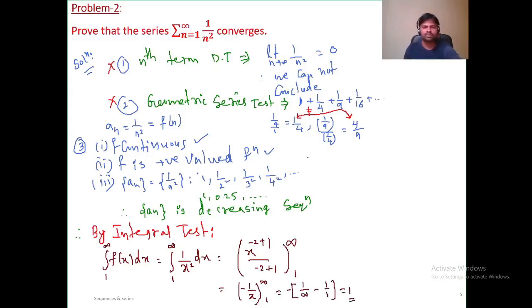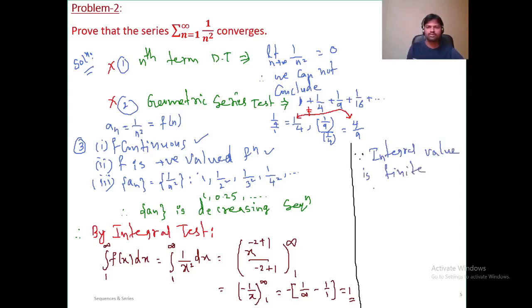So what is the conclusion now? Since the integral value is finite, the integration 1 to infinity converges.